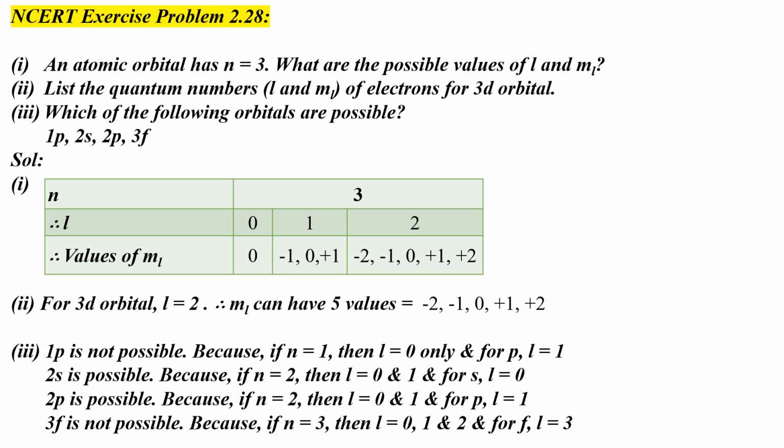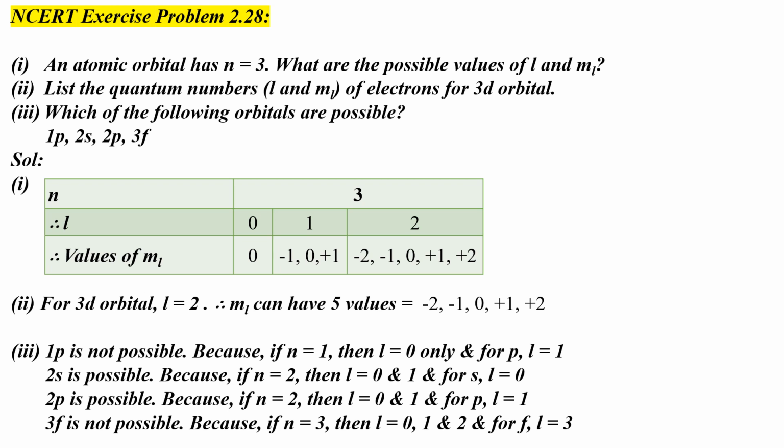Now coming to the third question, which of the following orbitals are possible? They have given 4 different orbitals, 1p, 2s, 2p, 3f. We are asked to find out the allowed orbitals among these. Now let's solve this. Take the case of the 1p orbital. Is this possible? The 1 of 1p indicates n is equal to 1, which means the first shell.